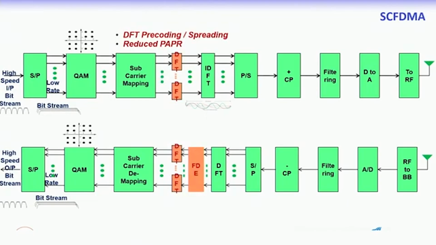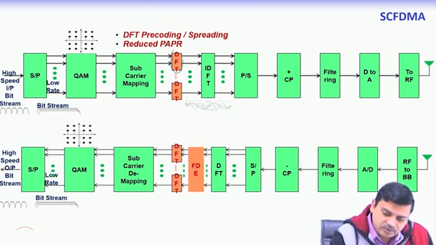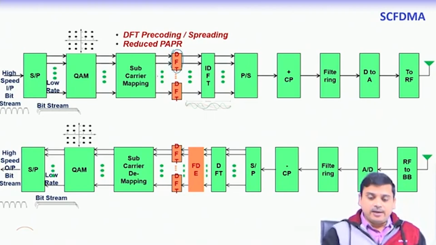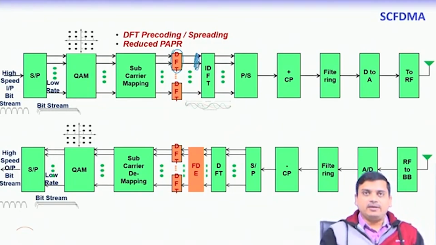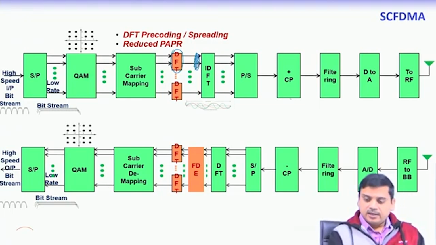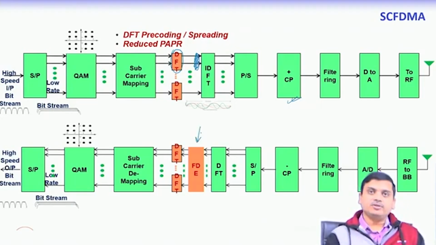What we said is that this DFT spreading is done over a set of subcarriers, and this causes the individual subcarriers to appear as if they are coagulated, they come together, and it gives the notion of single carrierness. At the receiver side, because we are using a cyclic prefix, we can avoid ISI and get the frequency domain equalization benefit. This we have also discussed.